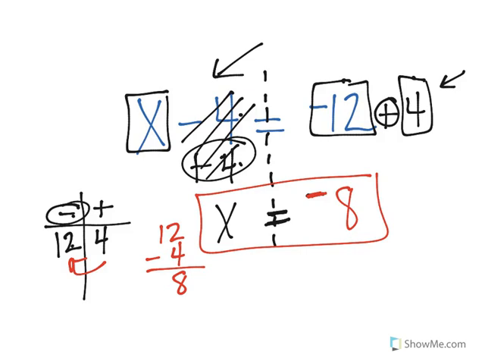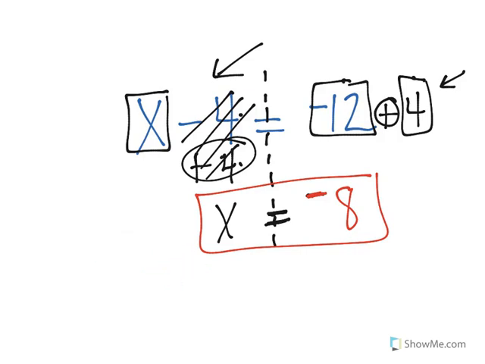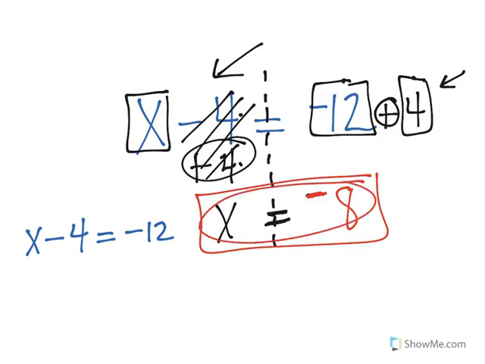But what I'm going to do is check my work using the original problem. X minus 4 equals negative 12. All right, instead of x, I'm going to put negative 8. Negative 8 minus 4, I'm writing everything down, equals negative 12.